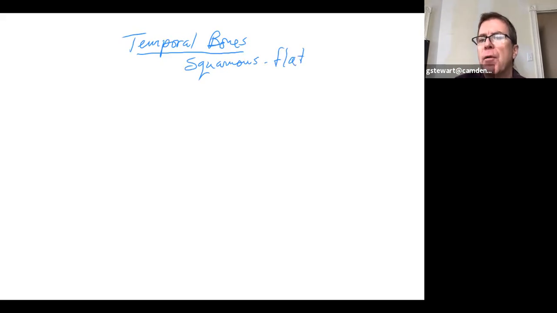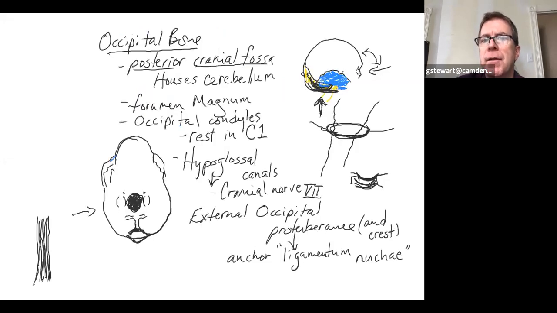The temporal bone has a feature called the zygomatic process, which on one of my previous diagrams, this one, from looking from the underneath, this bridge of bone that comes out, it's formed partly by our cheekbones in front here, and the blue part is the temporal bone part.